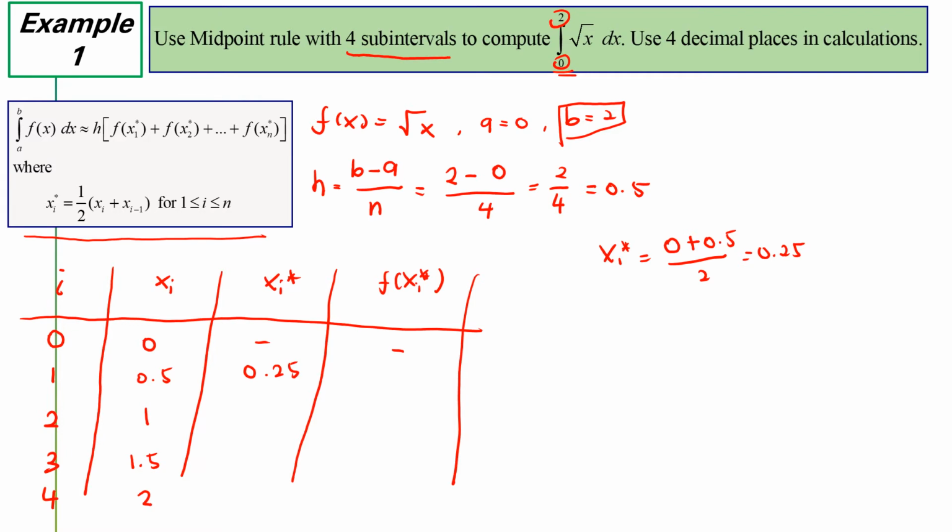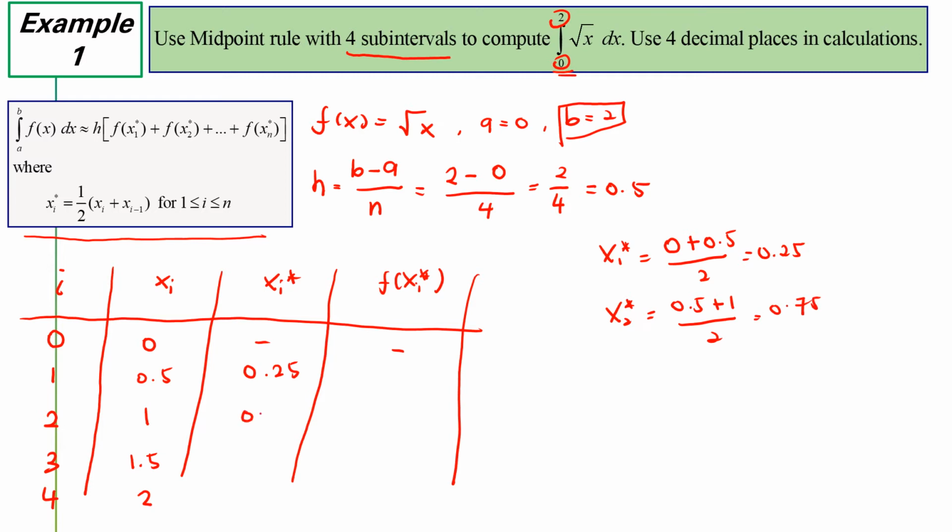Next, x2 star is x1 plus x2, 0.5 plus 1, divided by 2, you get 0.75.